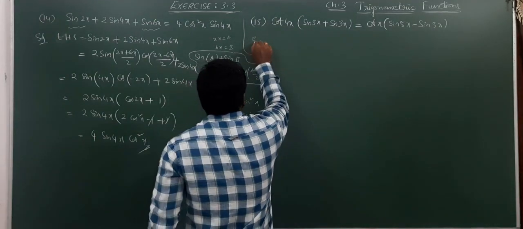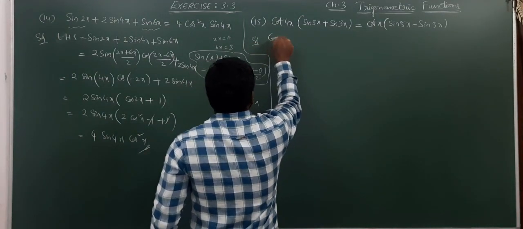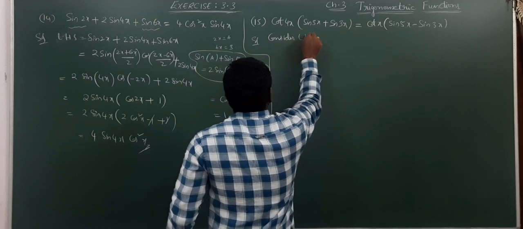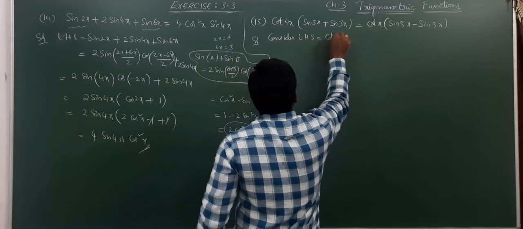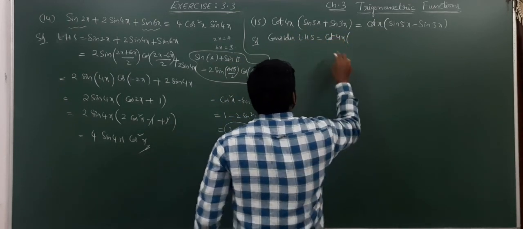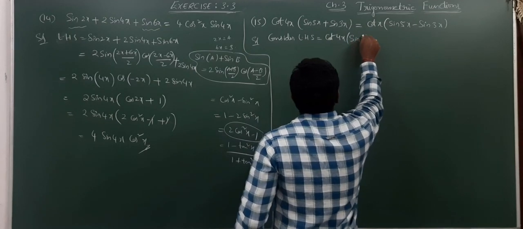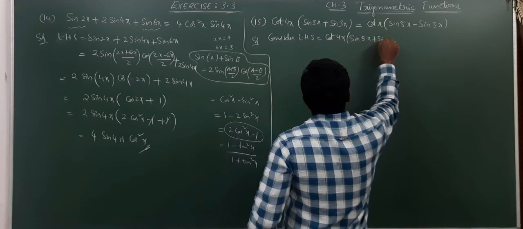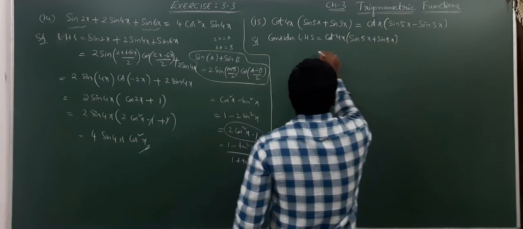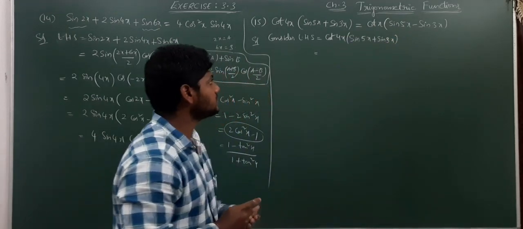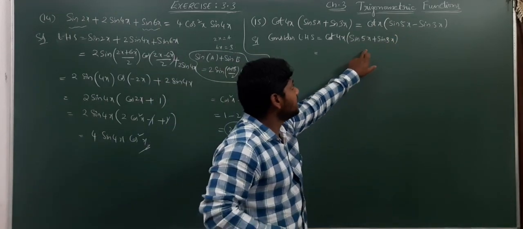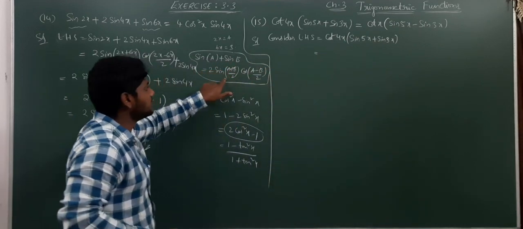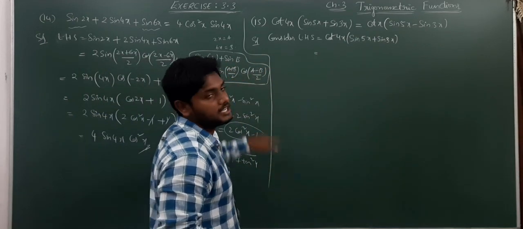So what we will do is consider LHS, which is equal to cot 4x into (sin 5x plus sin 3x). This is in the form of sin A plus sin B, which is 2 sin (A plus B) by 2 cos (A minus B) by 2.